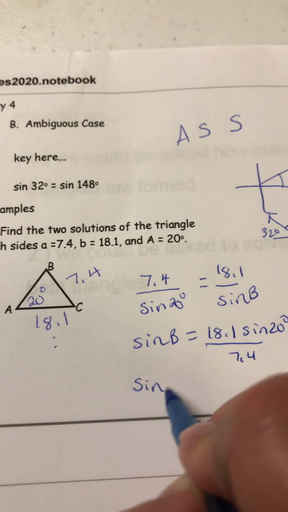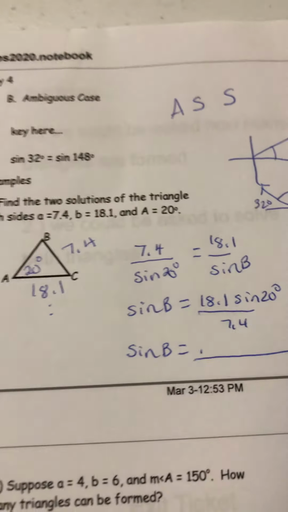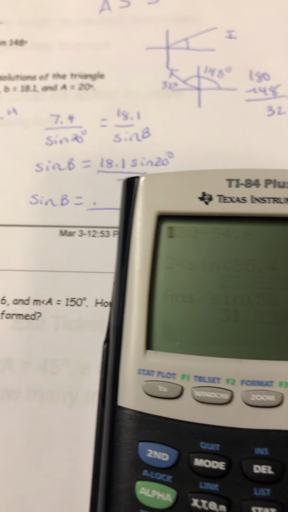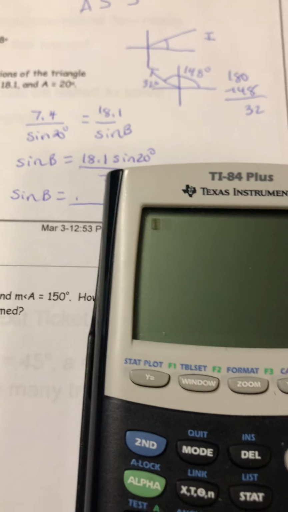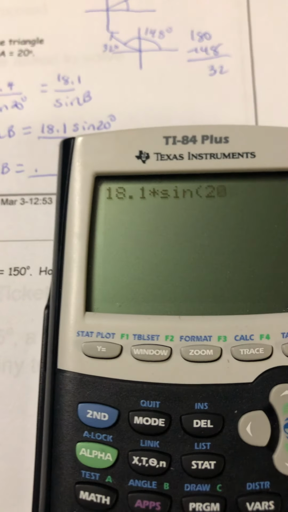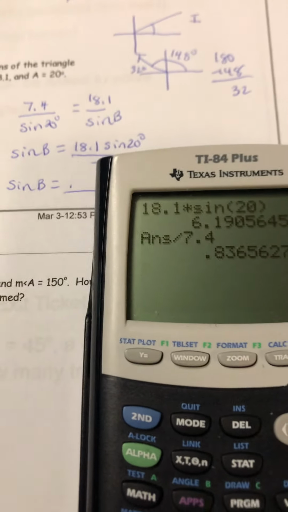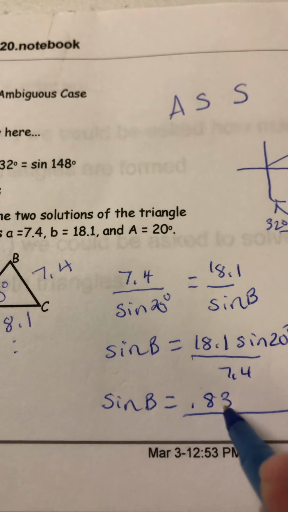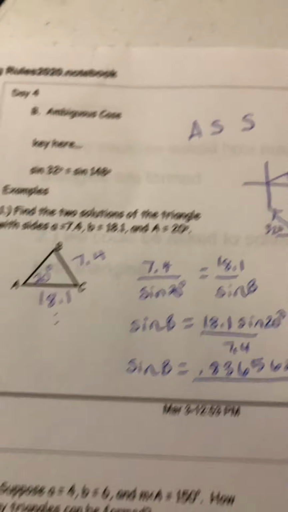Now I'm going to write down the decimal that I get here on the calculator. I'm not going to round yet. But once again, on the graphing calculator or scientific calculator, make sure the mode is in degrees. Just double check, you never know if maybe someone borrowed your calculator. So 18.1 times the sine of 20 degrees, and we're going to divide that by 7.4, and the decimal we get is this big long decimal, so I'll write it all out here: 0.836562783.